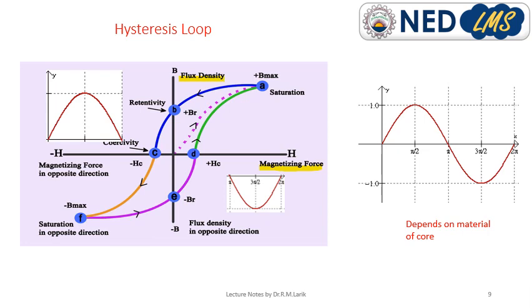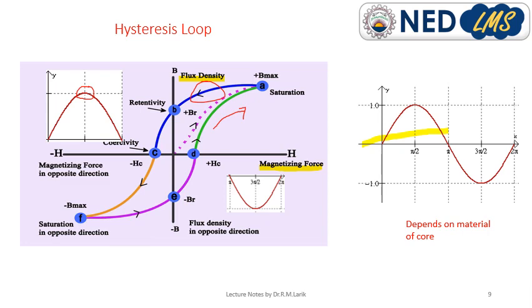Now see how this occurs when we give an AC supply. This is a sinusoidal AC supply. When the positive cycle of the supply comes, the core is magnetizing in the positive direction, up to the maximum of the current, and then it demagnetizes.